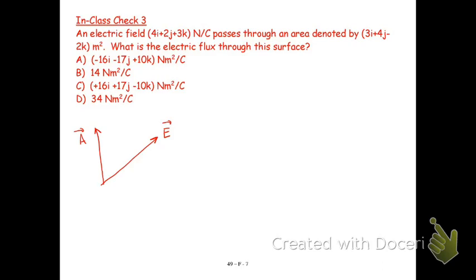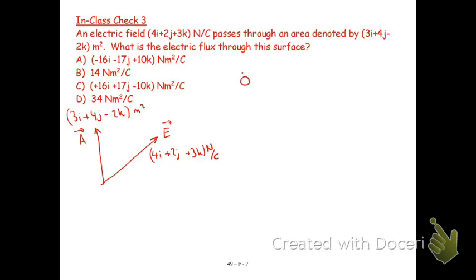Now, I know that my electric field is actually 4i plus 2j plus 3k newtons per coulomb, and I know that my area vector is 3i plus 4j minus 2k meters squared. Now what is the flux?